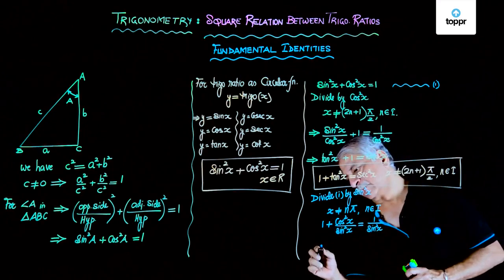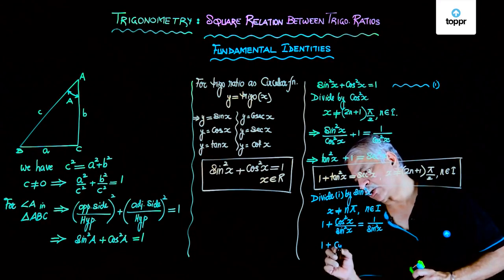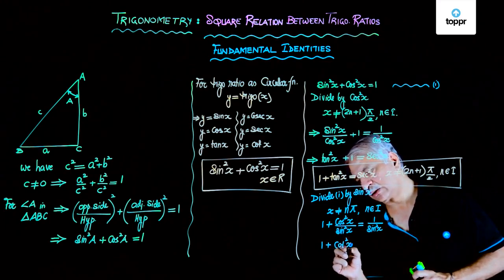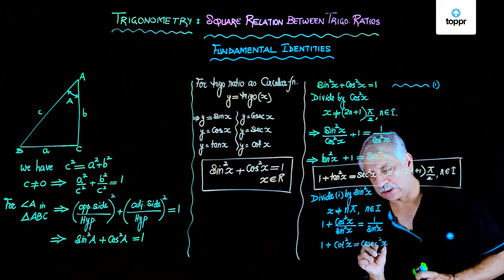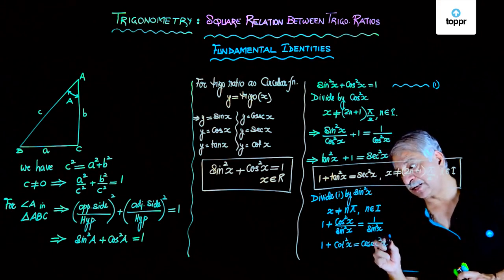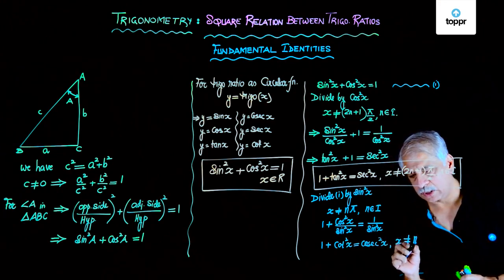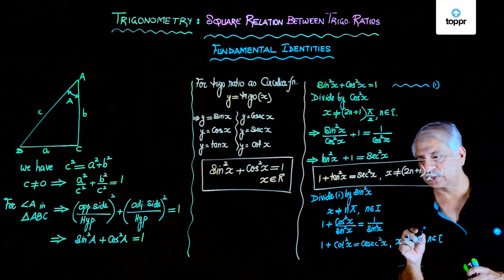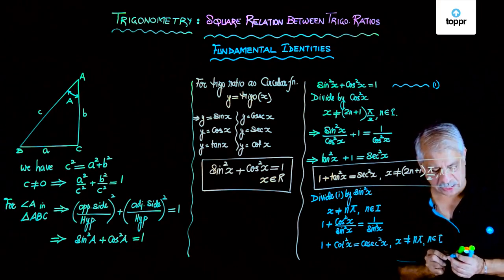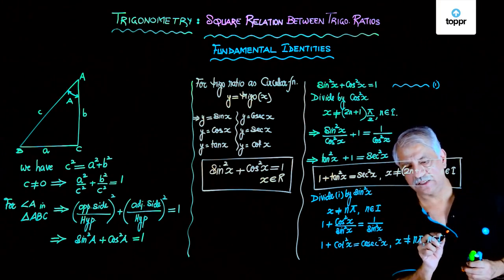This implies 1 plus cot square x is equal to cosec square x, since cos upon sin is cot. Very important, when I write this down, x not equal to n pi, n belonging to integers. So, this again must be remembered fully as an identity.